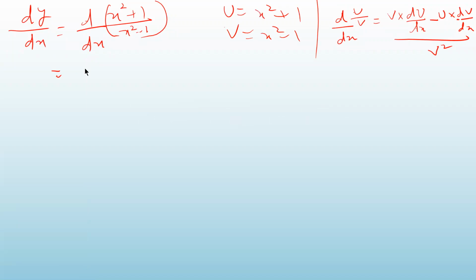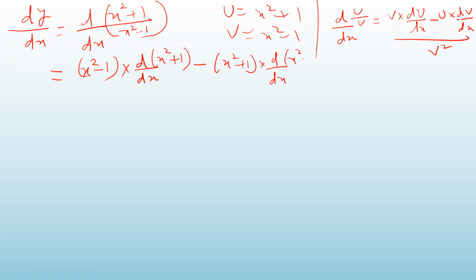So I will first write down x square minus 1, that is v, into the derivative of u, u meaning x square plus 1, minus u, which is x square plus 1, into the derivative of v, divided by v square. What is v? V is x square minus 1 and we have to take the square of this. So in the first step, I have just put the values.